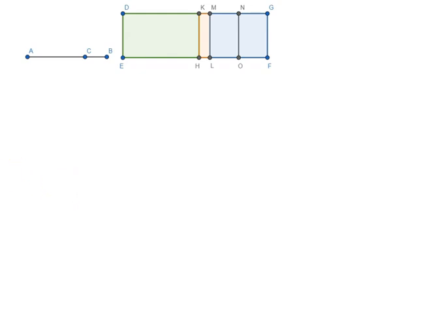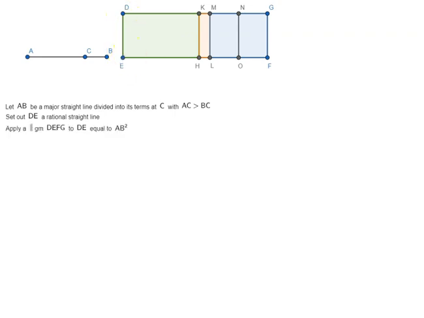So we have AB, a major straight line, divided into its terms at C with AC greater than BC, and we are setting out a rational straight line DE. Now we apply the square on AB to this rational straight line DE to form this parallelogram DEFG.